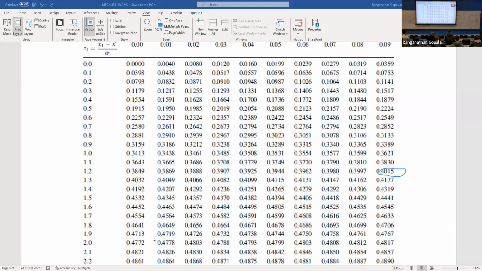So are you able to see this geometrically? 1 to 2 represents this area, which you can write as 0 to 2.0 minus 0 to 1.0, which is 0.4772 minus 0.3413, that is 0.1359.